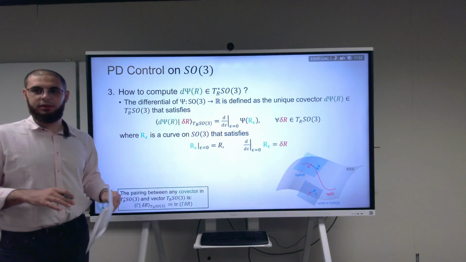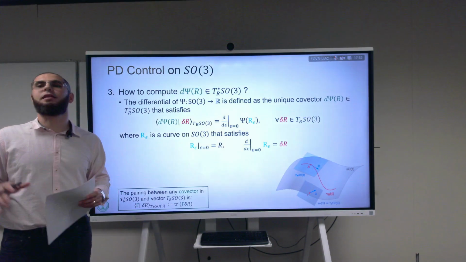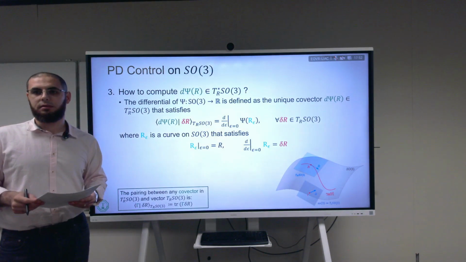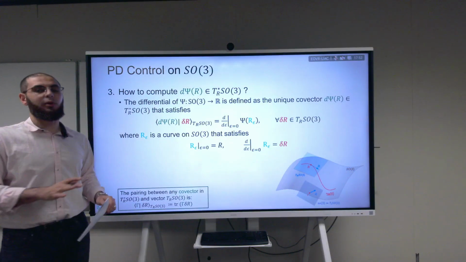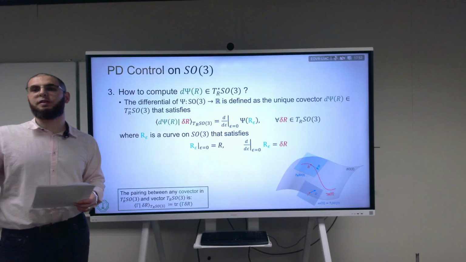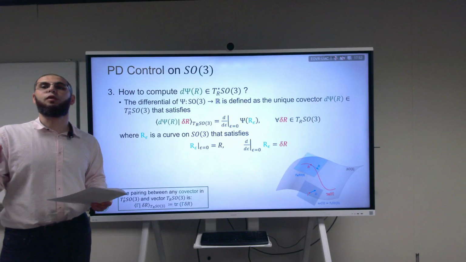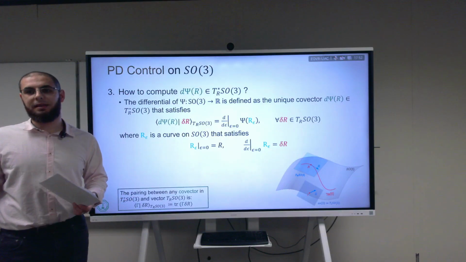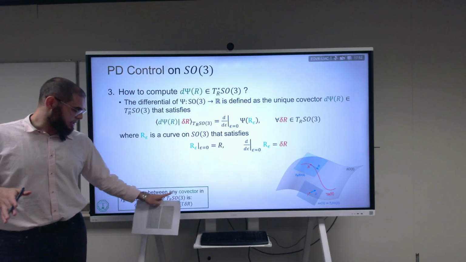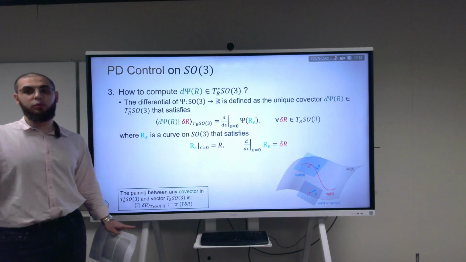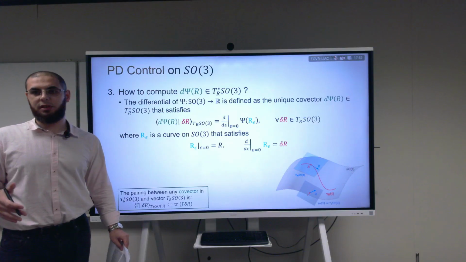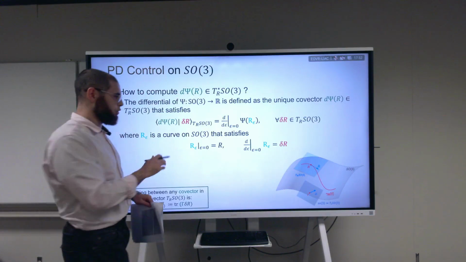It's not any 3 by 3 matrix. In some cases, yes, you do have some restrictions. The easiest one, for example: if this was a vector space of symmetric matrices, then the covector will also be symmetric matrices. This is one of the restrictions that you have. But here we're not going to go into the details of it.